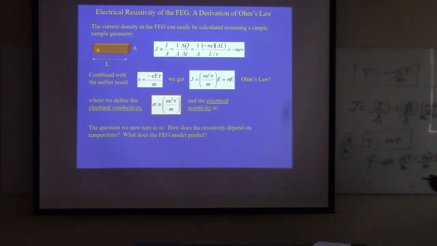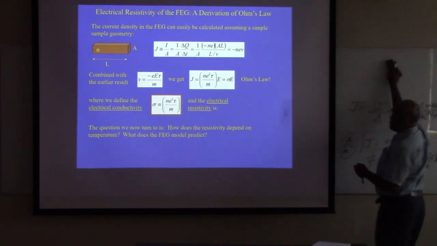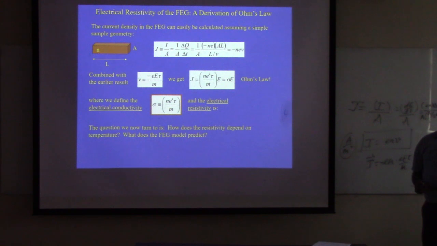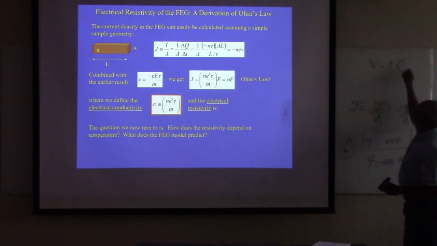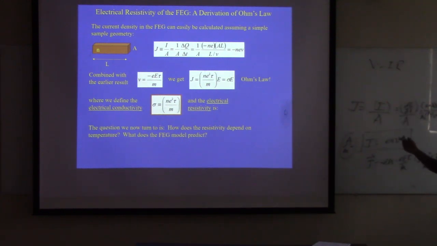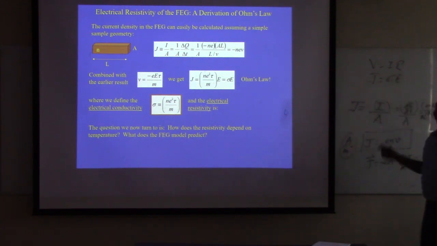Does anybody remember Ohm's law? You can write it two ways, right? Everybody remembers V equals IR. That's one way. Or in the macroscopic way we write J equals sigma E. They both are equal.